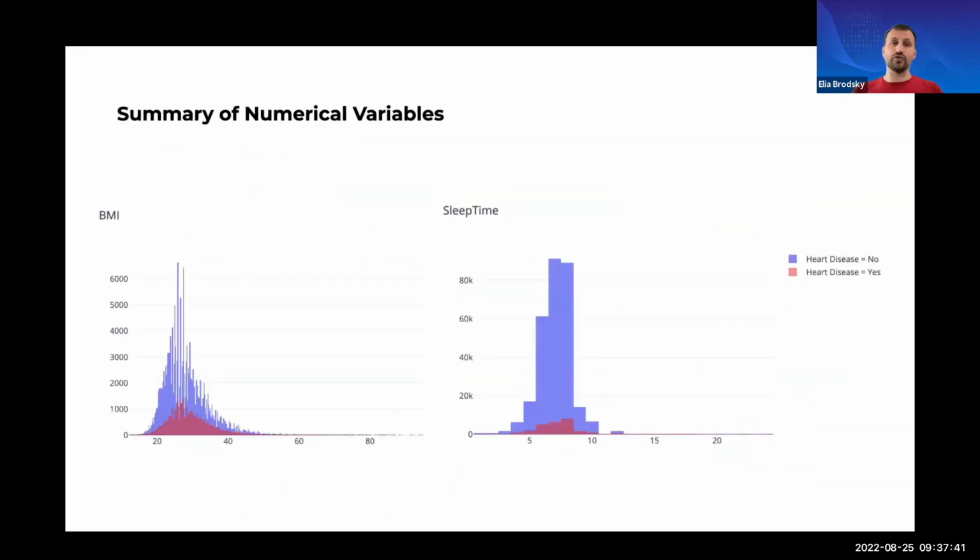In addition to these simple categories, we also have numeric variables. For example, BMI is a number, right? And that number is on a continuous scale. So it can go anywhere from 0 to maybe 100. And what you can see here is a histogram, a distribution of values in each category.